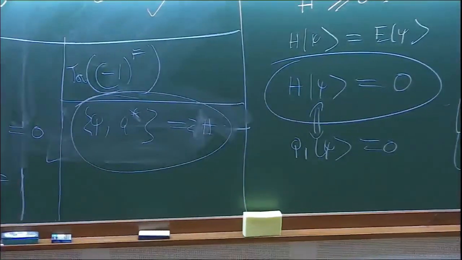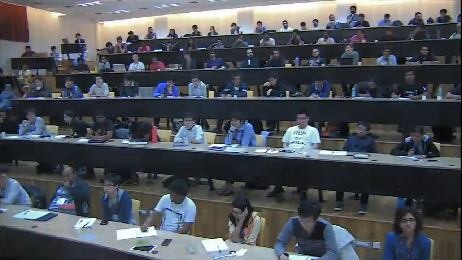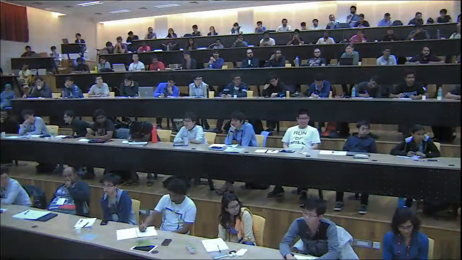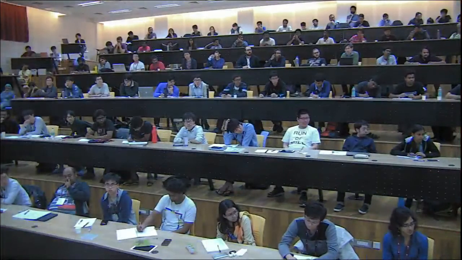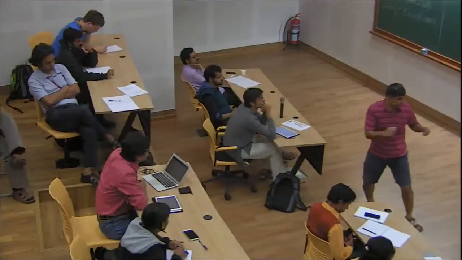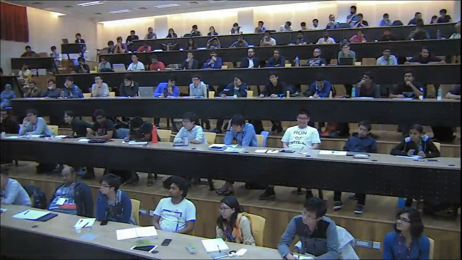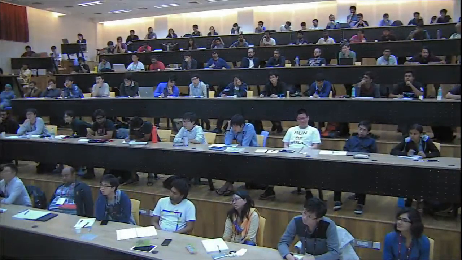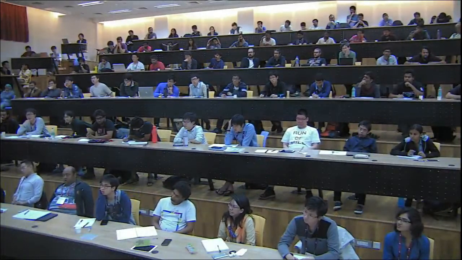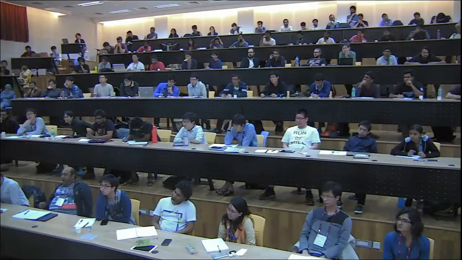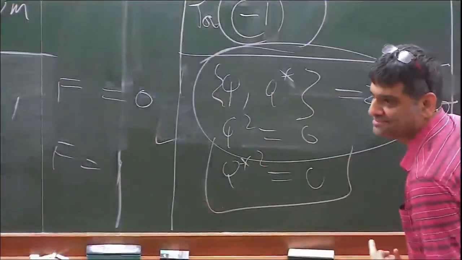Now, if you've got a one-dimensional representation, Q is a number, Q star is a number, and this will not happen. We also want Q squared equal to 0 and Q star squared equal to 0. Of course, you can find anti-commutators equal to 1 by choosing numbers, but then you can't satisfy the whole algebra.